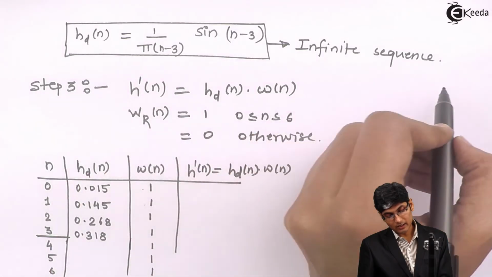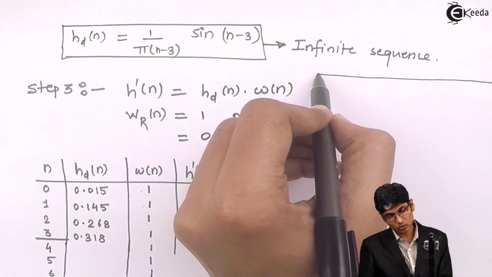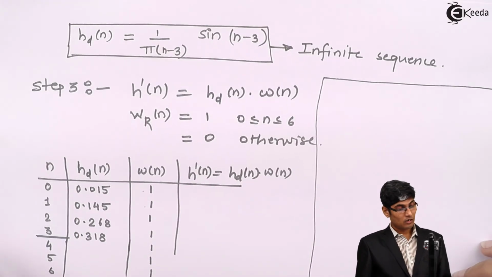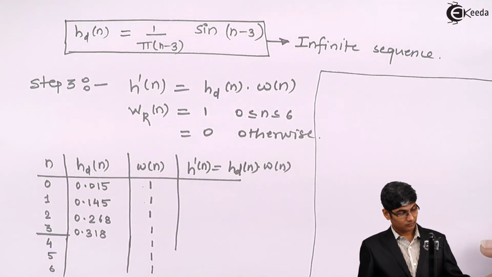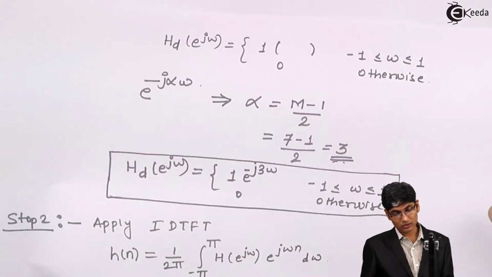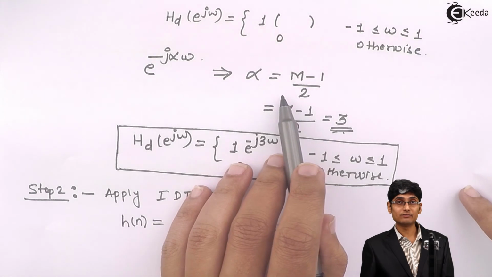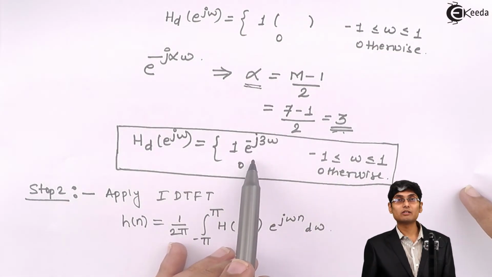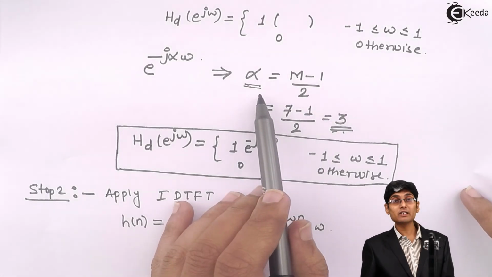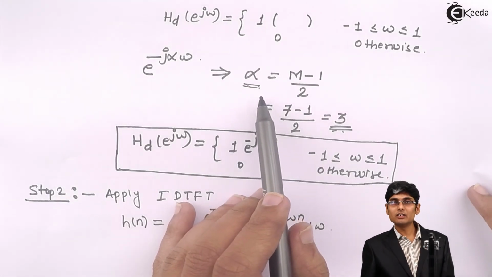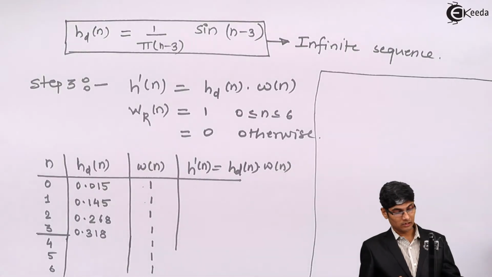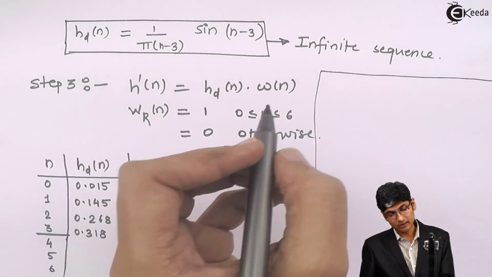As I told you, we had two conditions for a linear phase filter to be designed. The first condition, alpha is equal to m minus 1 by 2, is utilized in step 1 itself, where I used alpha to find the phase response of the system. So the first condition is satisfied. Now the second condition needs to be satisfied.